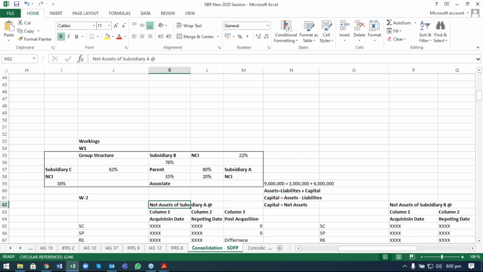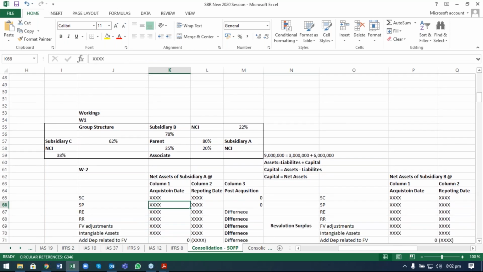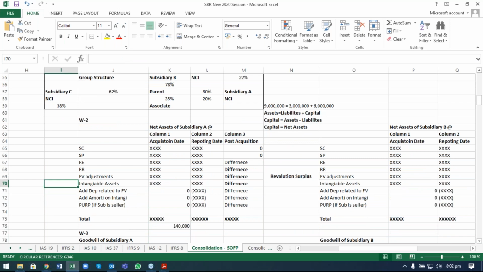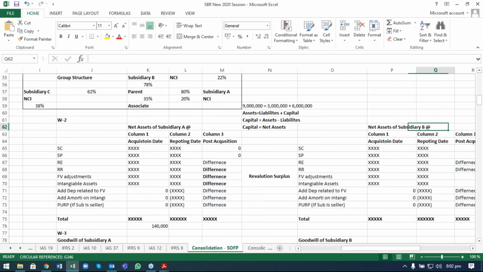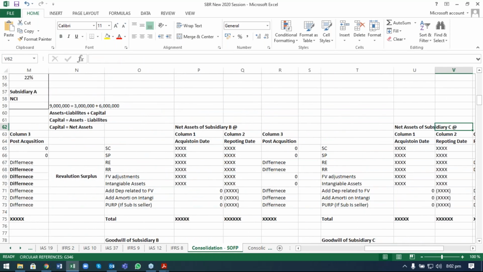So once working 2 is performed for multiple subsidiaries, it is a simple process: you need to calculate the net assets of subsidiary A. In the same way, you need to make certain adjustments that we have identified. Then you calculate the net assets of subsidiary B, and then of subsidiary C. Individually, you have to calculate the net assets of all 3 subsidiaries. This is how you consolidate multiple subsidiaries, as was asked by one of the students just now.